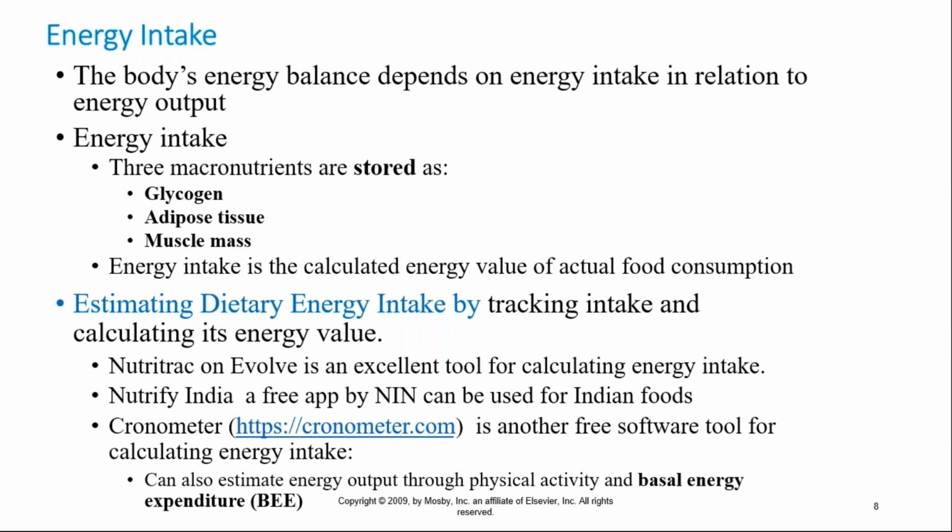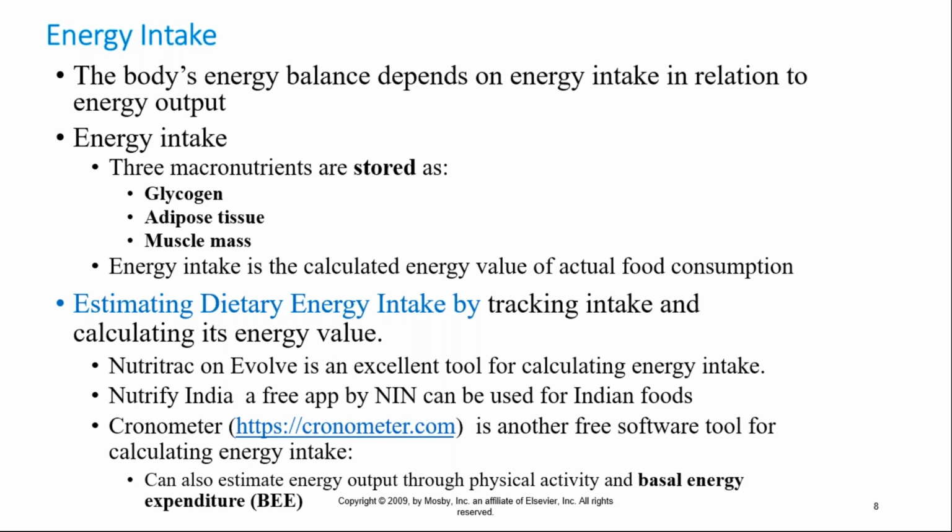So how is the energy intake in our body, or how are the nutrients stored, which we went through last week? Unused carbohydrates will be stored as glycogen in the liver. The excess fat will be stored in the adipose tissue, and the protein will be stored in the muscle mass.